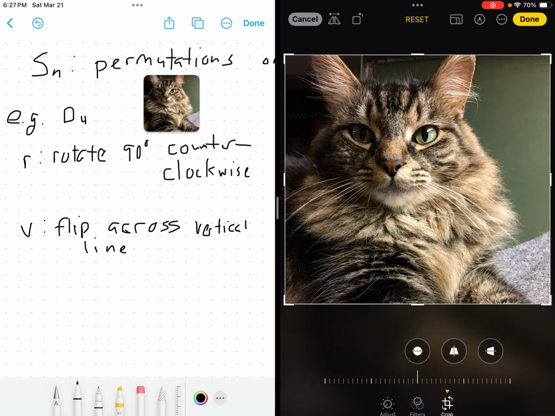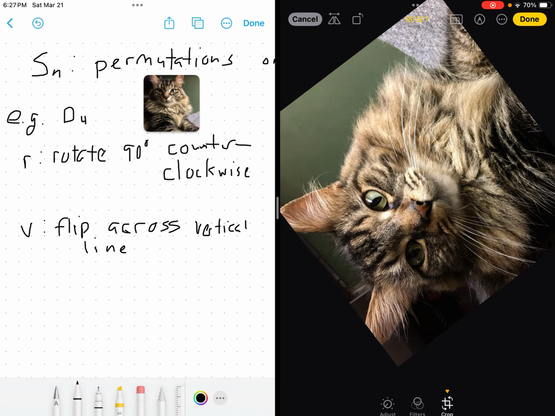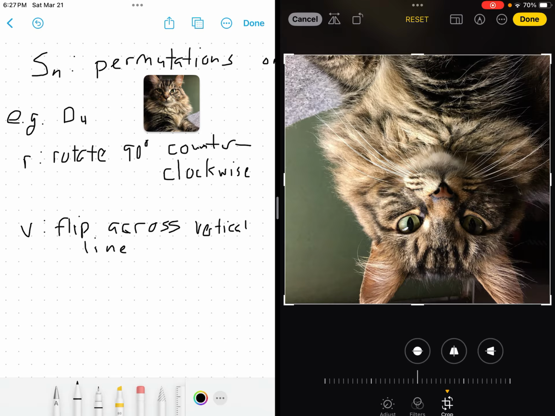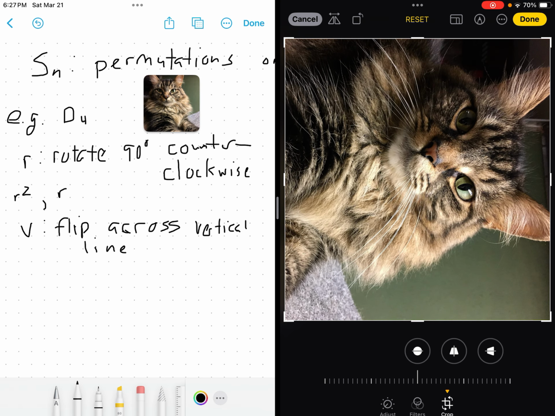Let's first see what happens when I add some rotations together. So if I add, this is one rotation. If I've got 2, we've got R squared, which would be a 180-degree rotation. If I rotate again, that would be R cubed.